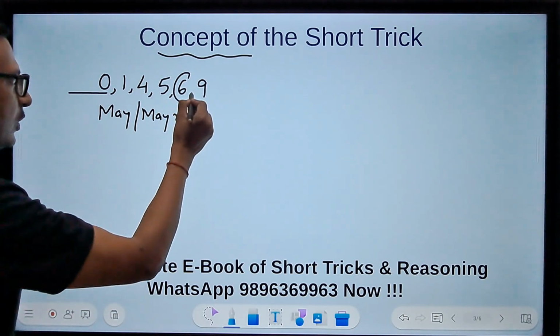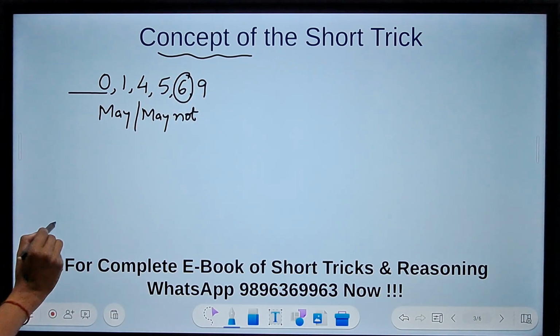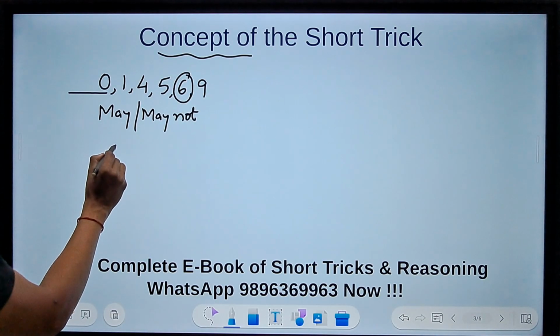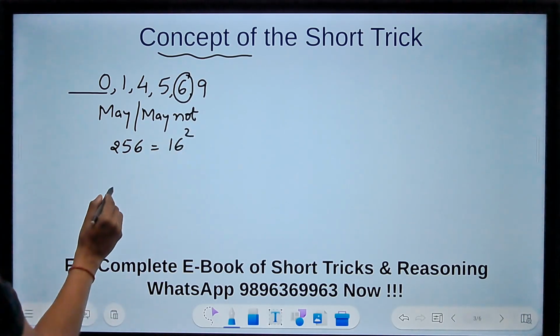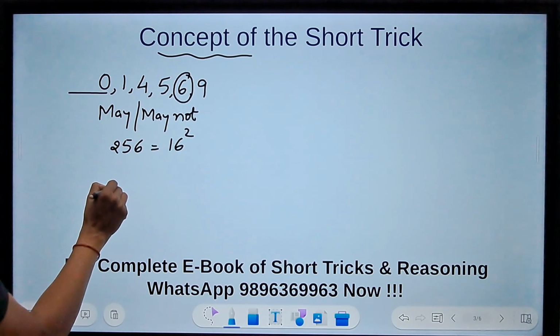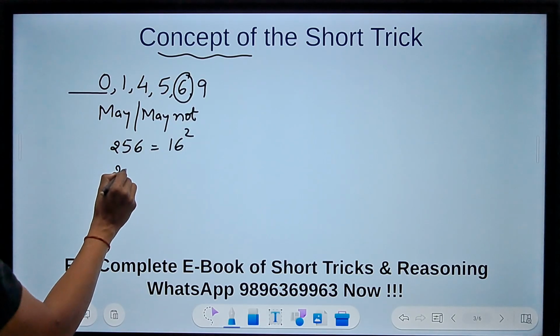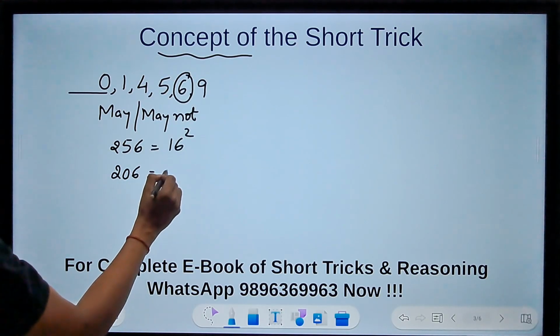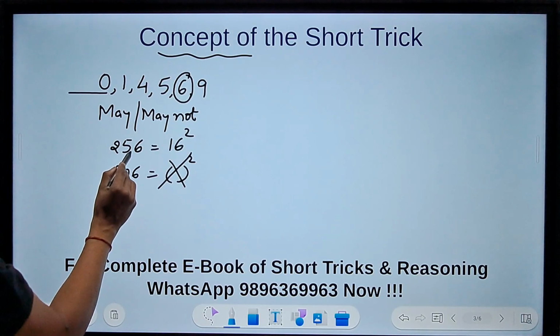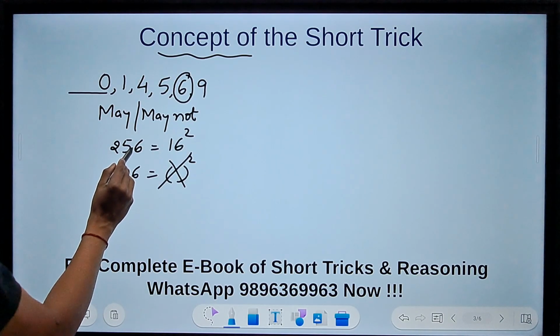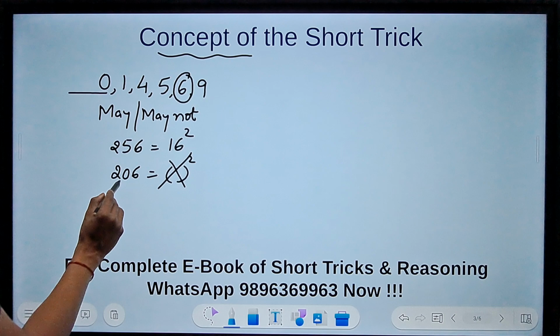Just like if I talk about the numbers ending in 6, if you see 256, it is 16 square. But if you come like 10 down or like 50 down, 206, it is not a perfect square. So all numbers ending in 6 are not going to be perfect squares. Only some of them are going to be perfect squares.